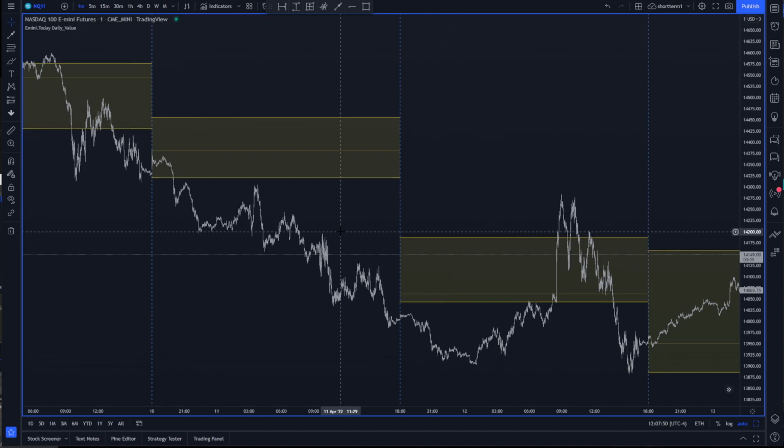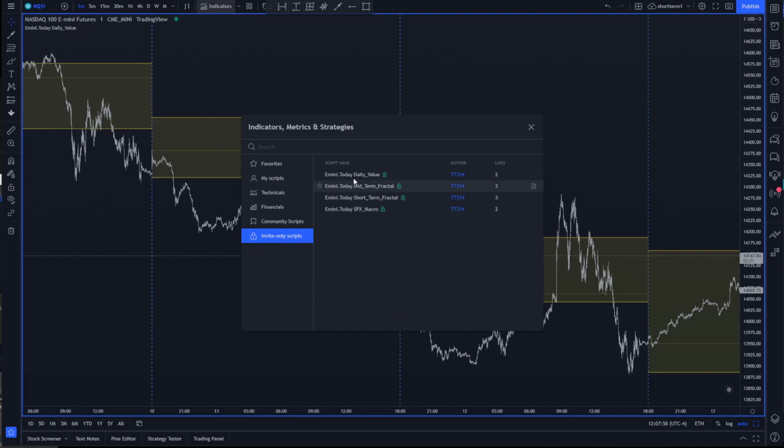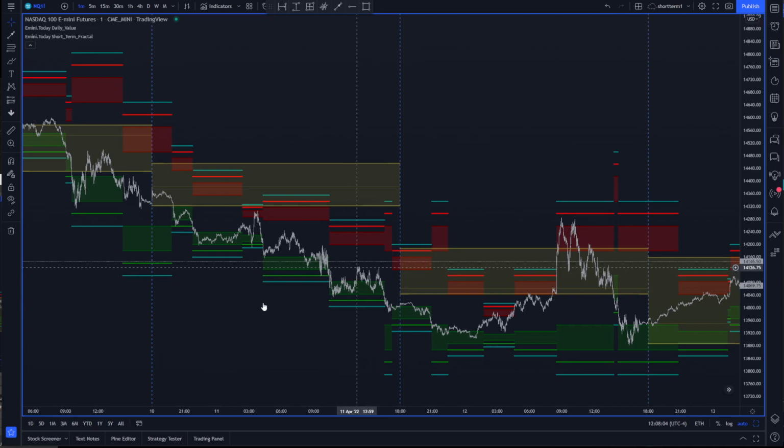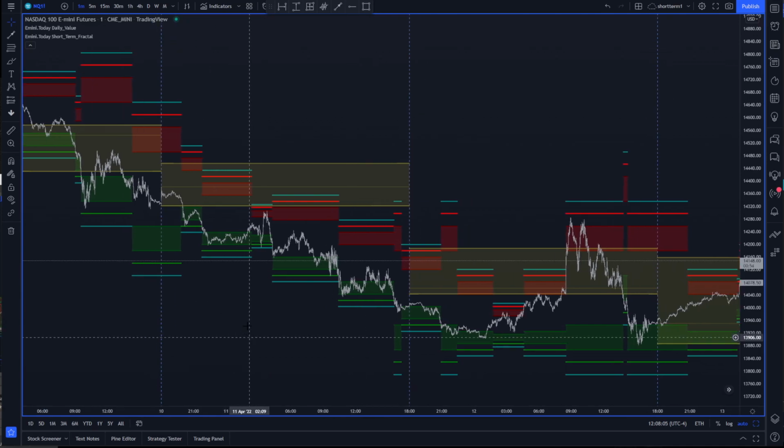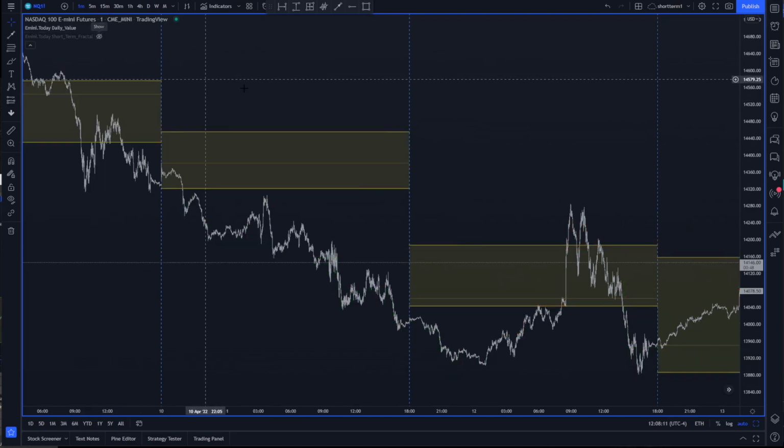So for that, I will use the short-term fractal. Let's put on the short-term fractal, Emini.Today, short-term fractal. Okay, let's take yesterday's. Again, I will mark the indication.